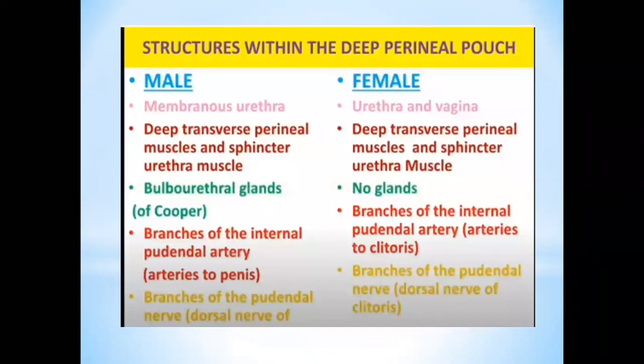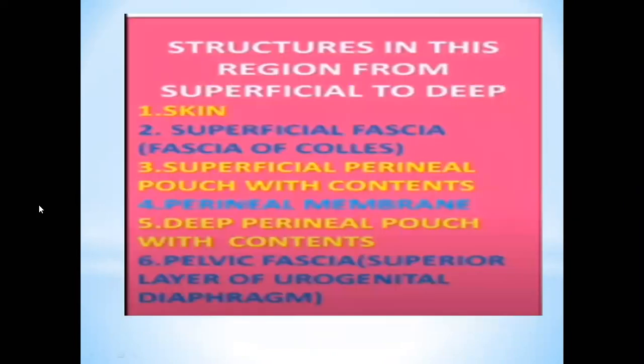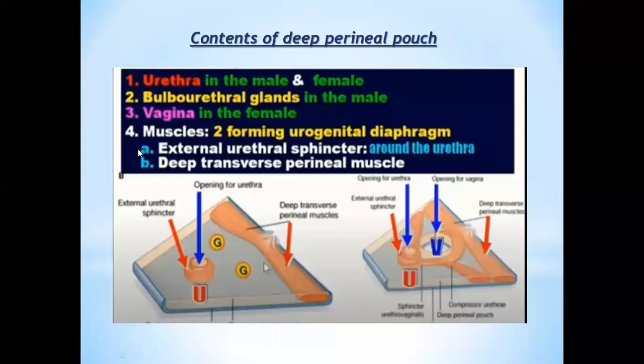The muscles forming the urogenital diaphragm, and along with that, we have the external urethral sphincter, which is around the urethra. The name indicates it is the sphincter around the urethra.